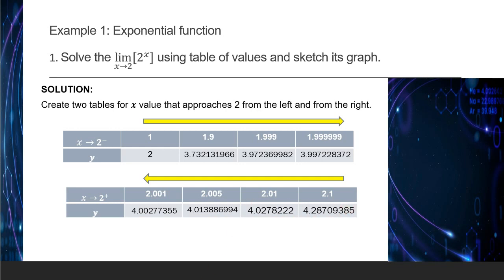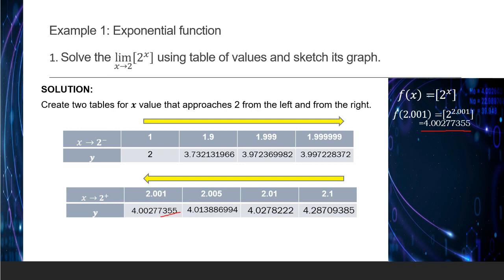Okay, same procedure as on the first table. We have the function f of x is equal to 2 raised to x. If x is 2.001, we have 2 raised to 2.001. Just substitute the value 2.001 to the variable x. The answer is 4.0027735.